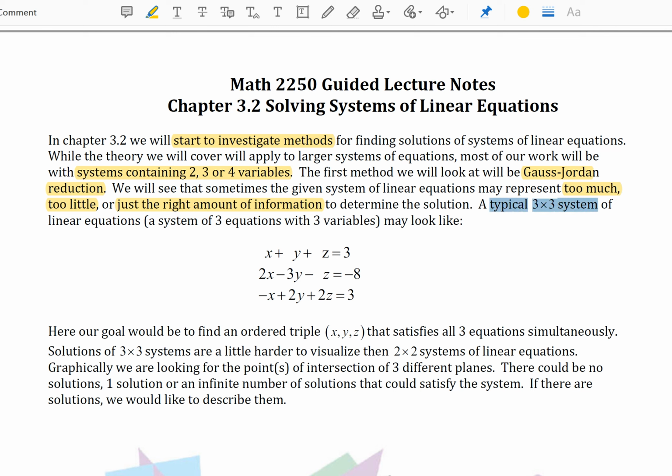A typical 3x3 system of linear equations, a system with 3 equations and 3 variables, may look something like this. You may recall seeing systems of equations like this in a recent college algebra class or intermediate algebra class.